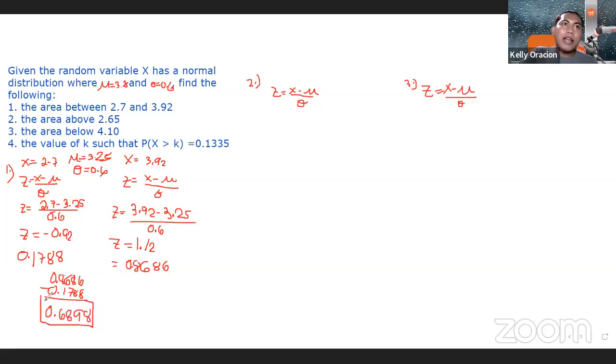That is the area between 2.7 and 3.92 if the mean is 3.25 and the standard deviation is 0.6.